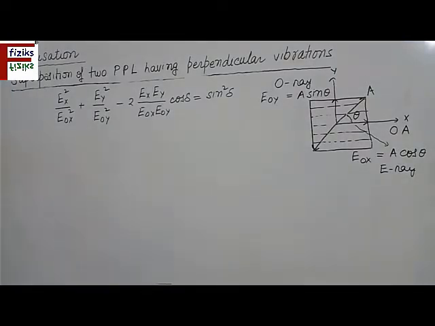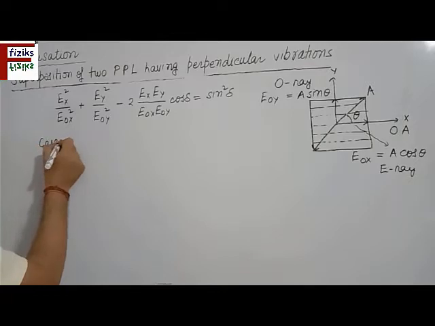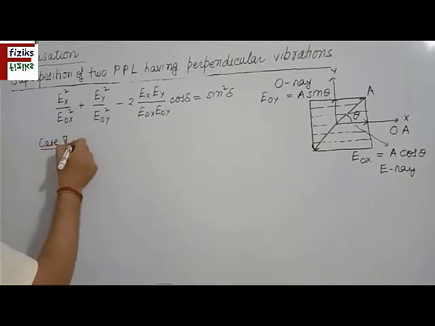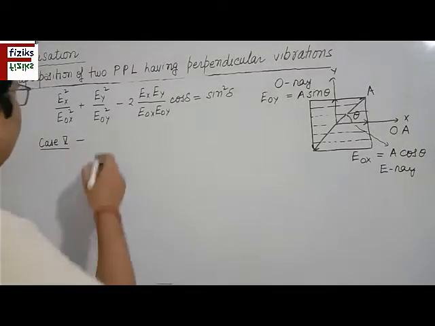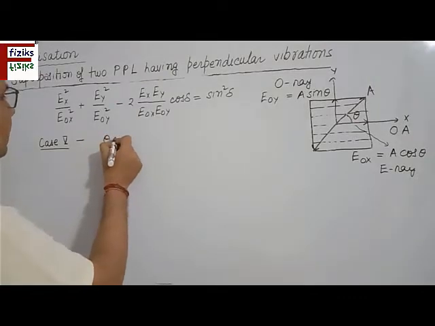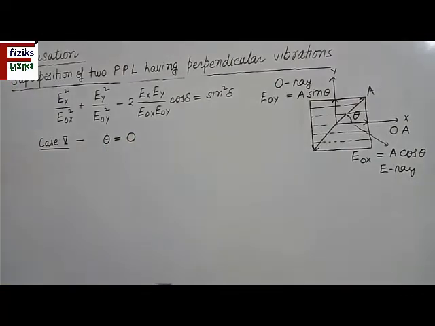Now come to case number 5. In case number 5, whatever is the value of delta, if theta is 0, then what will happen?